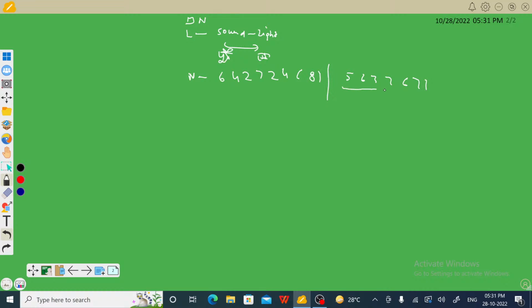See, the summation value here is 35, and the summation value here is 40. 40 is 8 into 5, and 35 is 7 into 5.